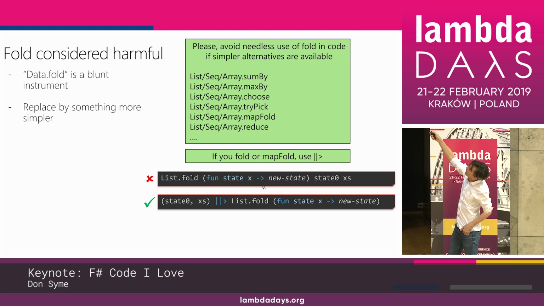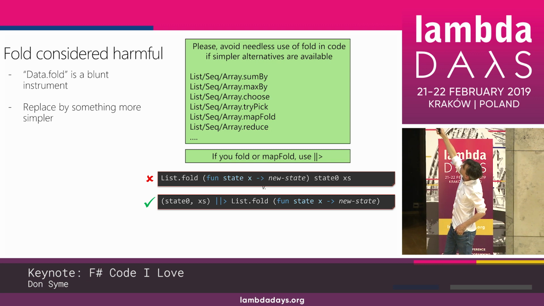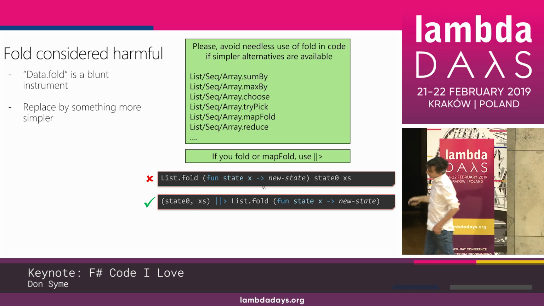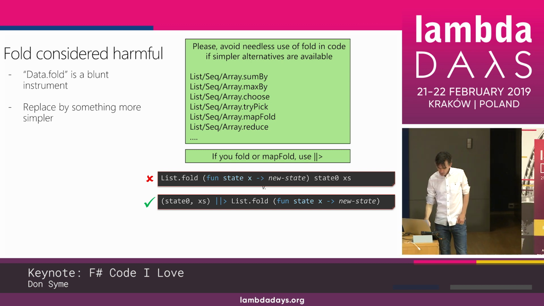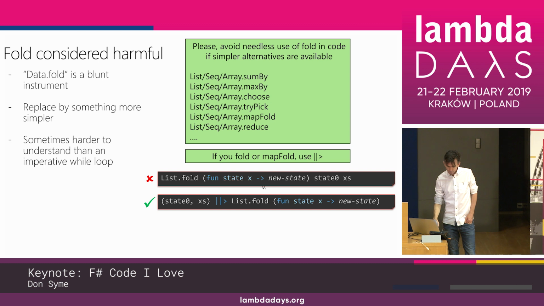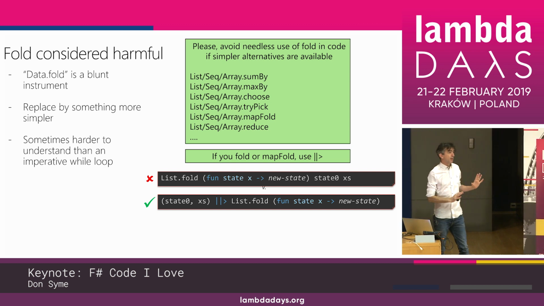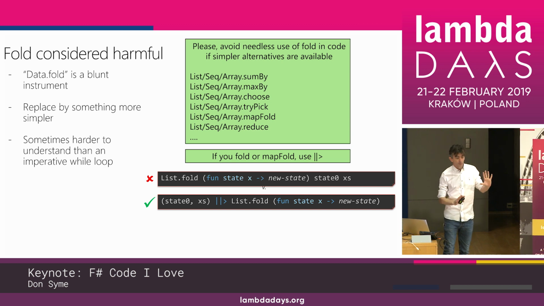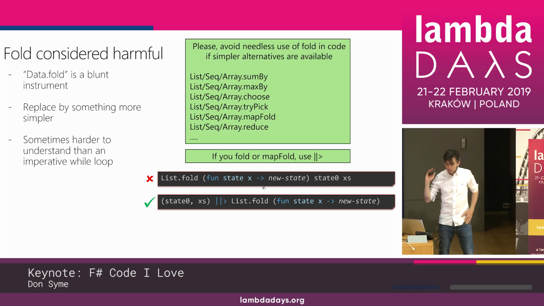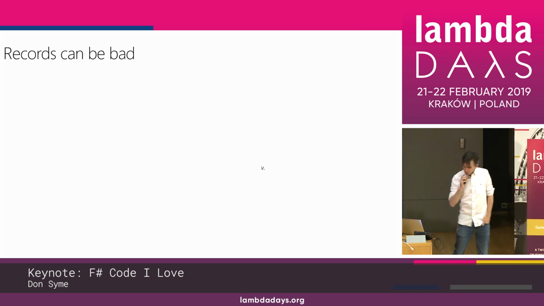You have the state and the elements, and we're folding over a list, and we have the state and the x. If you are going to fold, you generally write it like this, and then we double pipe because we have these two arguments coming in over here. Okay. And sometimes folds can be harder to understand than an imperative version of the same code. So fold can sometimes be harmful.